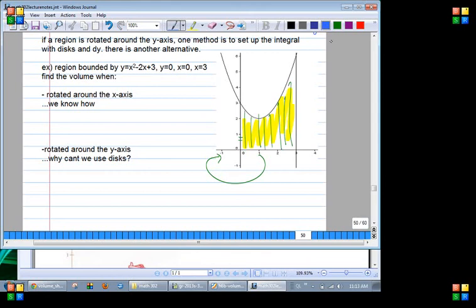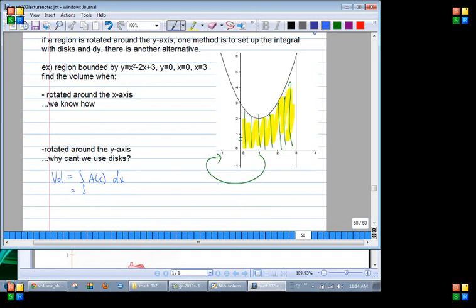So if we're revolving it around the y-axis, what's going to be the area at each x value? What shapes are we going to wind up with? We're not going to wind up with disks. We're going to wind up with these things we're calling shells.